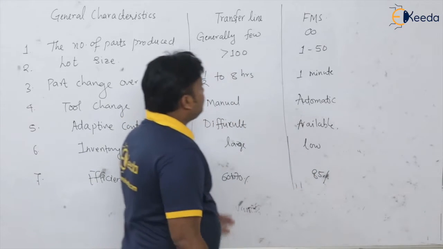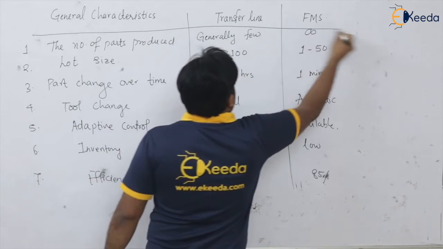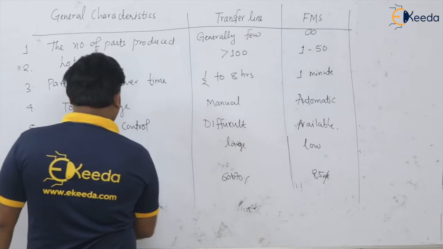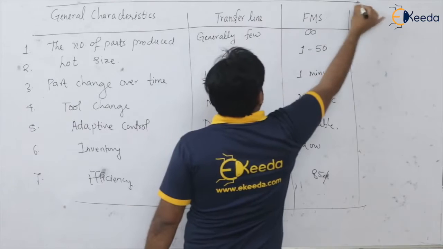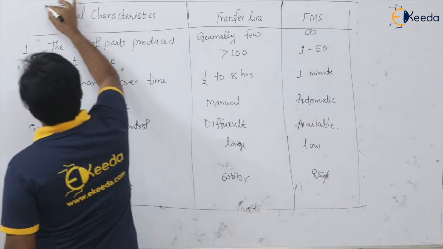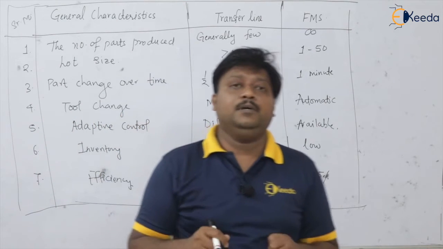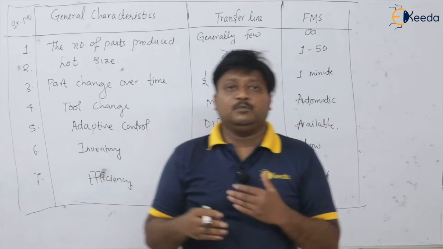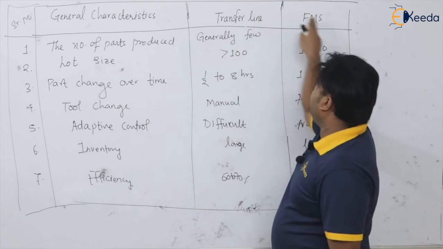So these are the comparison characteristics for the FMS and the transfer line. Please remember this. This is the main or basic comparison that we can do with respect to certain characteristics between the transfer line and FMS.